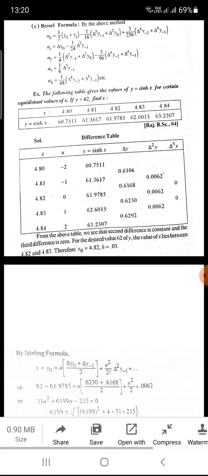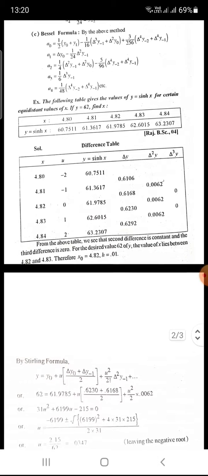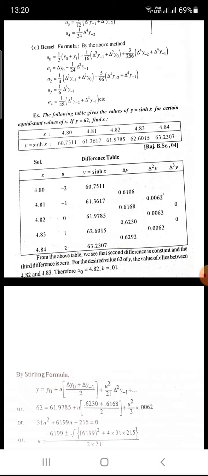So when x is 4.80, y is given as 60.7511. Similarly at 4.81, y is given as 61.3617. At 4.82 the corresponding value of y is 61.9785. At 4.83 the corresponding value of y is 62.6015, and at 4.84 the corresponding value of y is 63.2307.